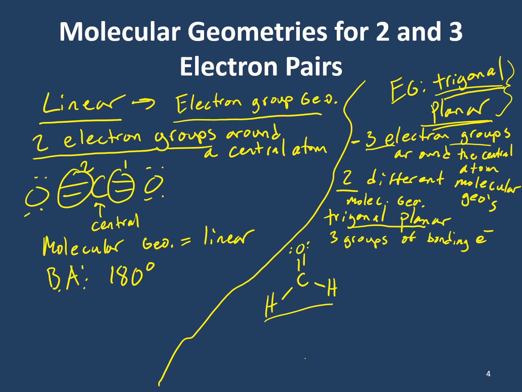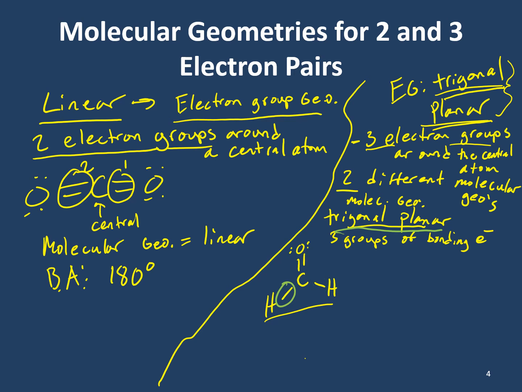If we look a little bit more closely, though, obviously, each one of these groups is a bond. There are no lone pairs on the central atom here. In this scenario, our molecular geometry is also trigonal planar. In fact, in all of our geometries that we talk about today, if you do not have any lone pairs on the central atom, your molecular and your electron group geometries will be the same name.